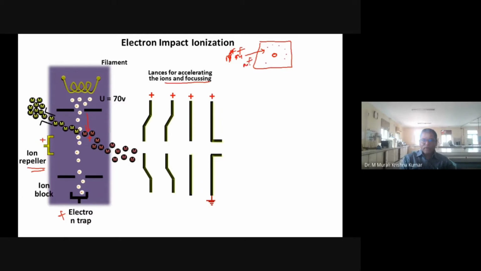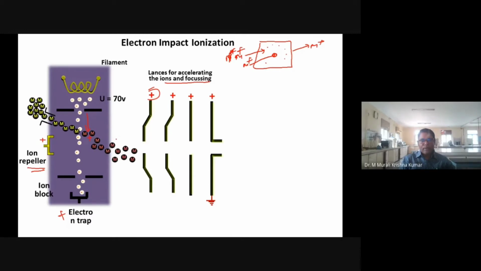Some of the ions, because they are traveling with such a velocity, may escape by going through the hole, so that it acts like an accelerator plate. Because it is positively charged or negatively charged, it will use a charge which is opposite to the charge that is developed on the molecular ion.